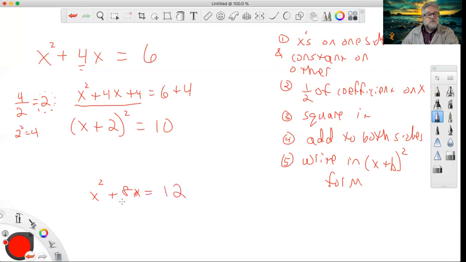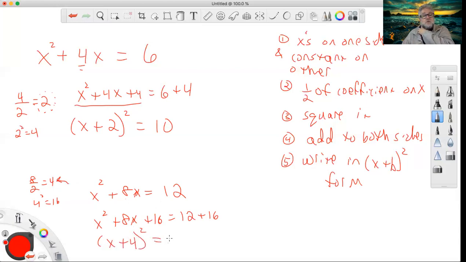So half of this number is 4. 4 squared equals 16. So I would do x squared plus 8x plus 16 equals 12 plus 16. And this thing is automatically, remember this number here we took? It's going to be x plus 4 squared equals 28.